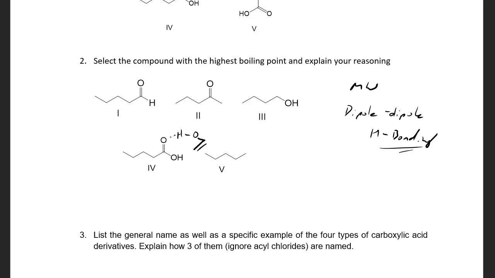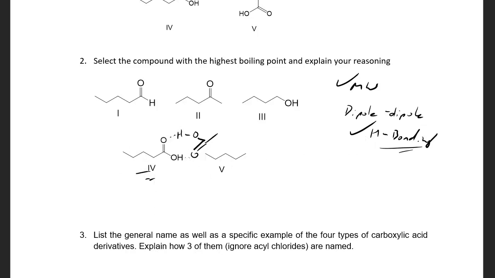And then again, this hydrogen could also hydrogen bond. So if we have a carboxylic acid functional group, as I've drawn right here, that hydrogen can hydrogen bond with the oxygen of the carboxylic acid functional group. So based on number 4 having a higher molecular weight as well as the most hydrogen bonding potential, that is the compound with the highest boiling point.